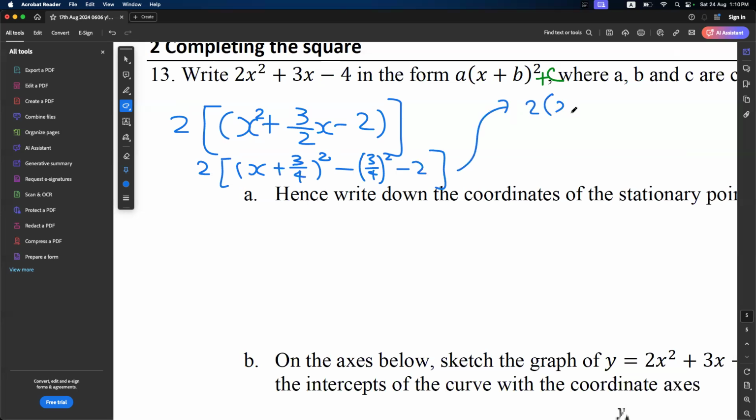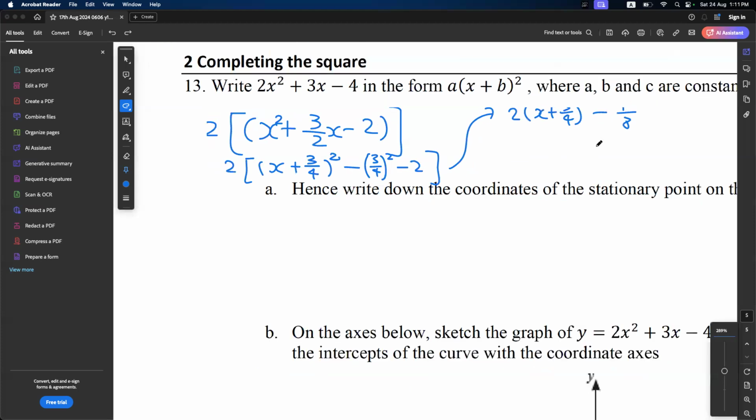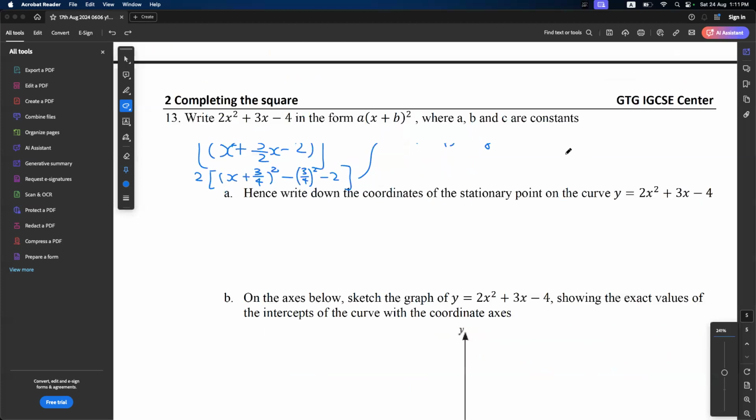Bracket x plus 3/4 bracket squared minus 41/8. You simplified everything right there. Hence, right now the coordinates of the stationary point.